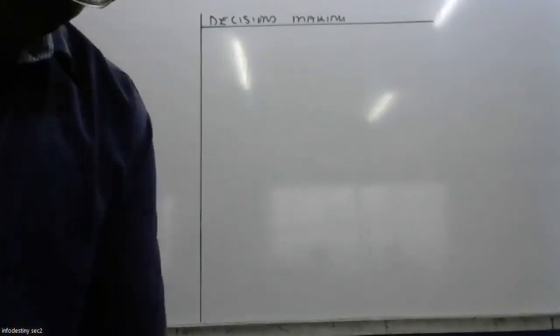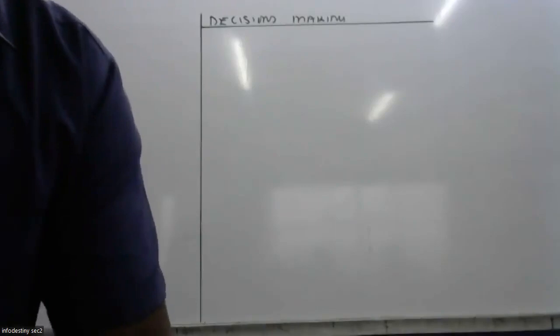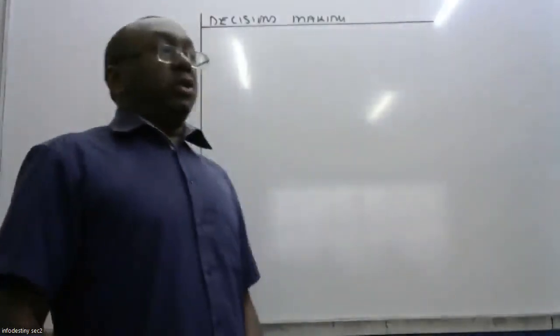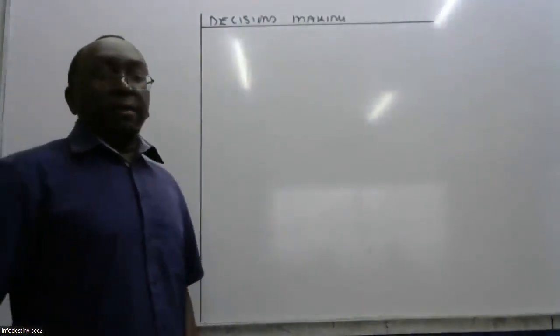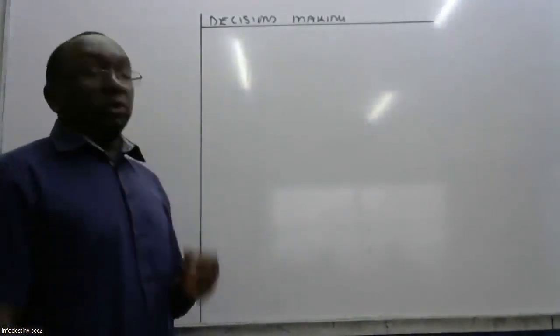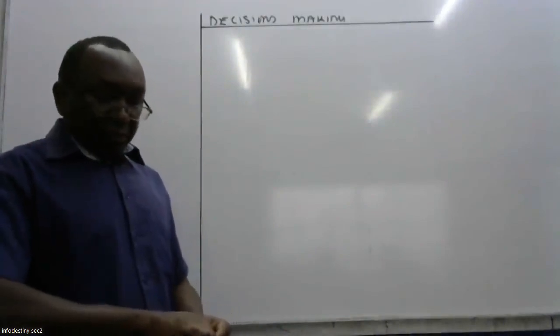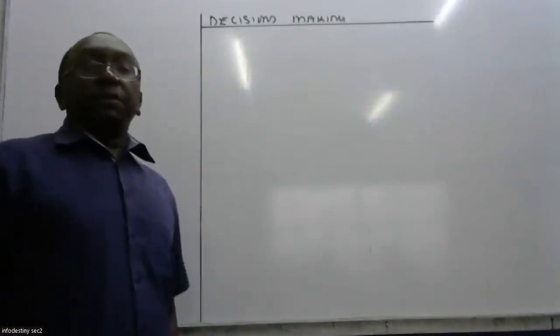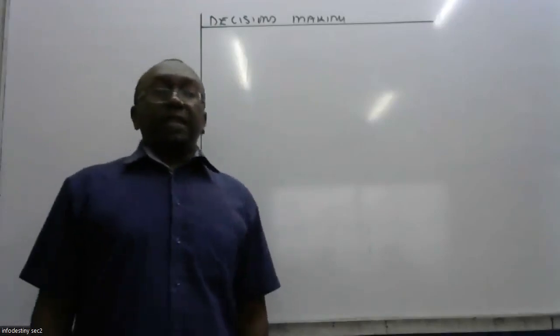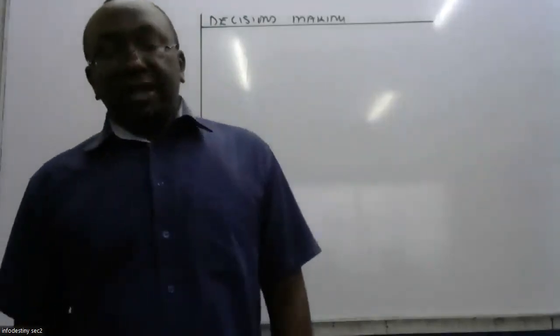So in decision making, what you're doing is simply making a choice. That's what we call a decision. A decision is a selection of an option from a set of various options that are available.